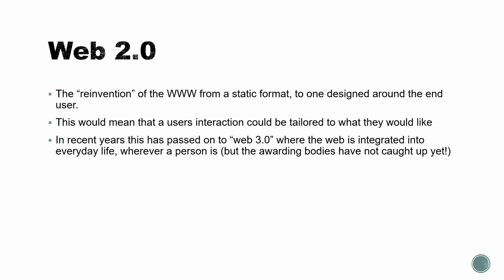Let's use a very basic example whereby you could log on to Amazon, and it will say, the last time you were on Amazon you bought Lord of the Rings, therefore we're going to suggest that you buy The Hobbit. So your experience has been tailored based on what you've done previously.